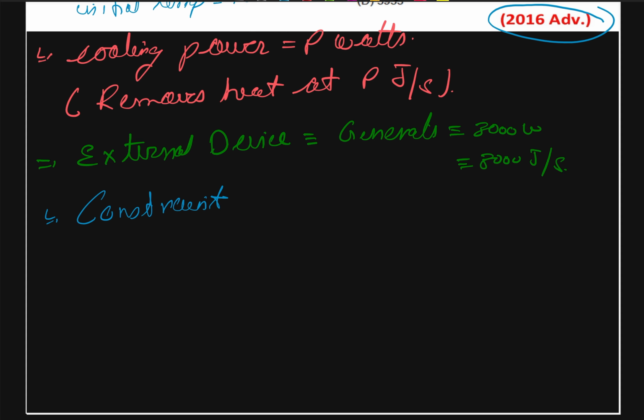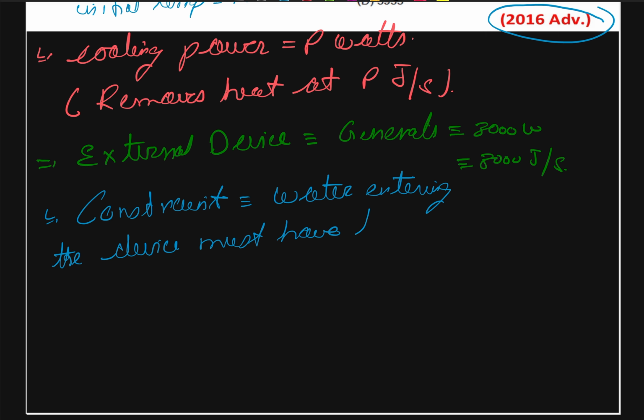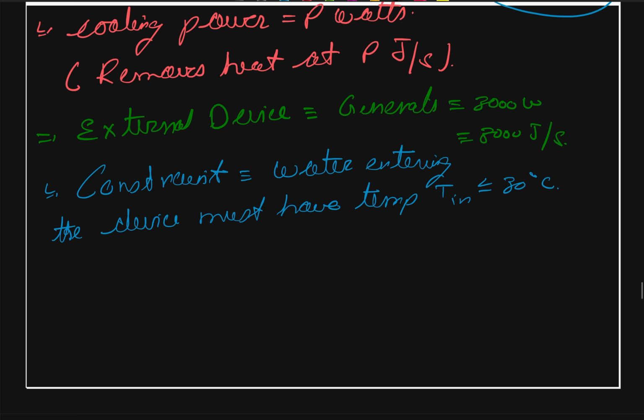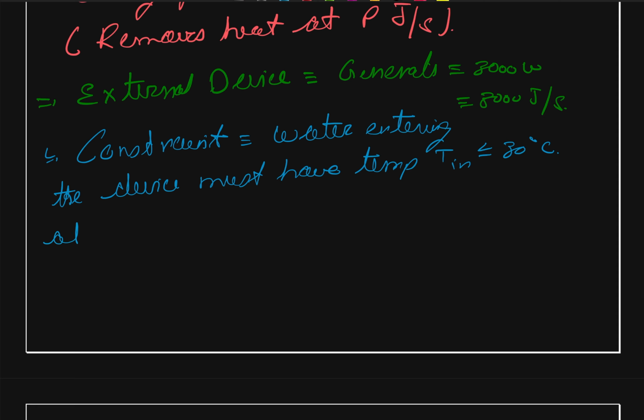So we have a constraint that water entering the device must have temperature, suppose we write this as T input, less than or equal to 30 degrees centigrade, and this should hold continuously for the 3 hour operation, or we can say at all times during 3 hours, because the question is specifically asking about the 3 hours, or we can say for 10,800 seconds.